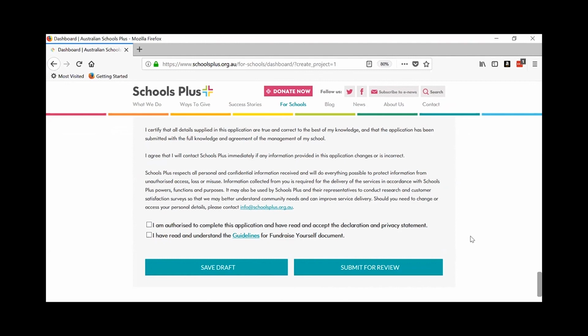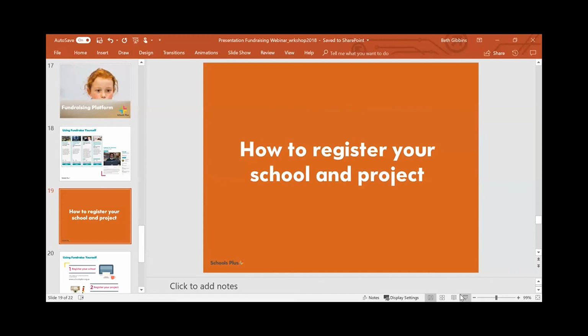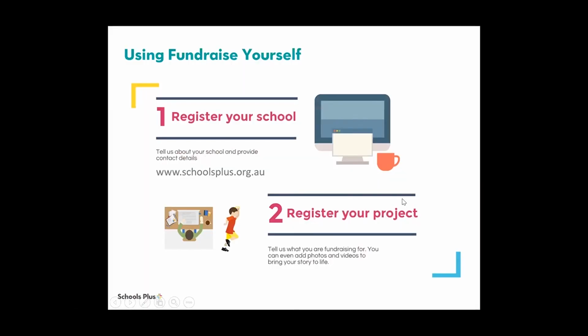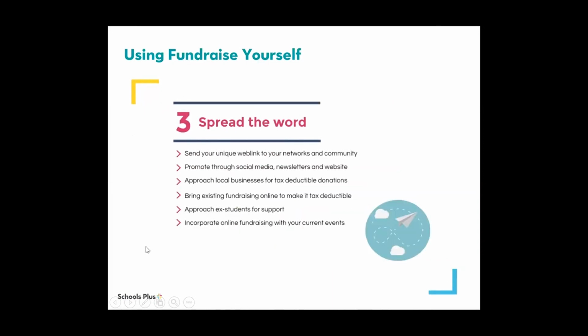And if all good, we then publish it, and it then appears back on our website, and you're able to spread that word. So just to recap, register your school at schoolsplus.org.au, then register your project, and then spread the word.